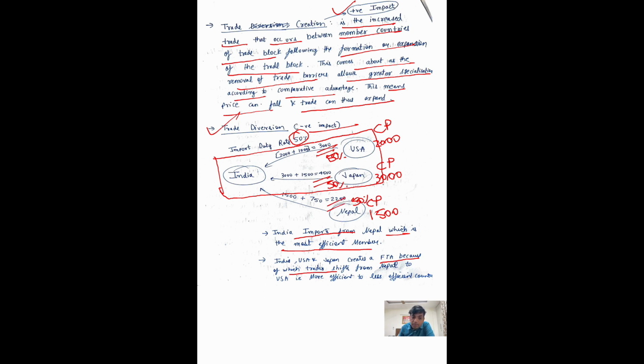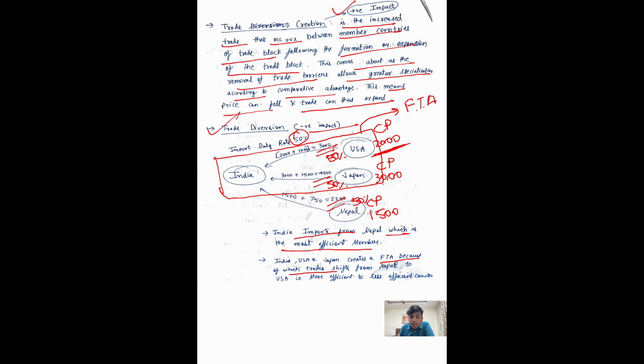But because US, Japan, and India entered into an agreement creating a free trade area, it resulted in importing goods at a cheaper rate from US, which is a shift in the trade from a more efficient producing country, which is Nepal, to a less efficient producing country, that is USA.